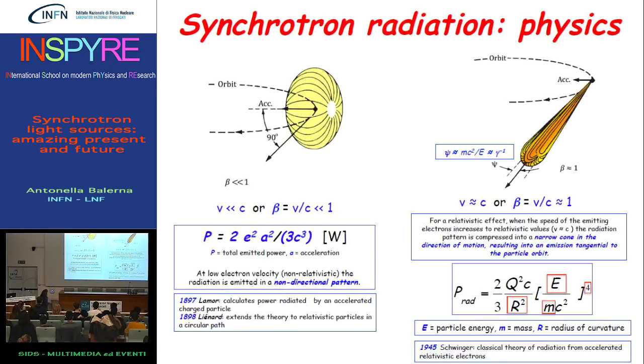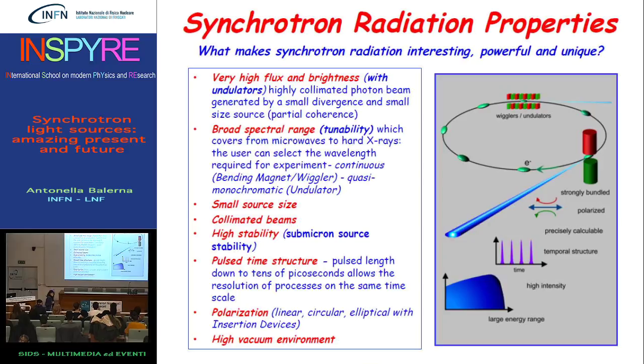Okay, let's go on. So, what kind of properties does synchrotron radiation have? It's polarized in the plane of the orbit where it is emitted. It has a time structure, and it has a continuous emission. Why is this important? I don't know if you have ever seen an X-ray tube, a conventional X-ray source. Someone show you a picture of a conventional source.